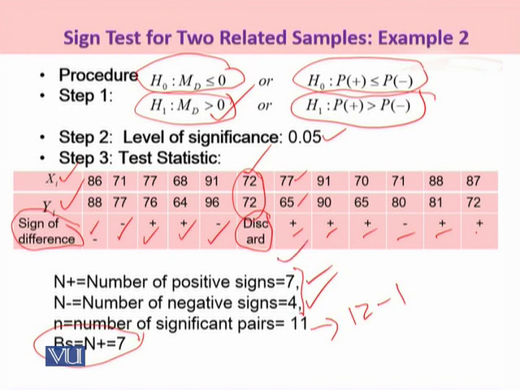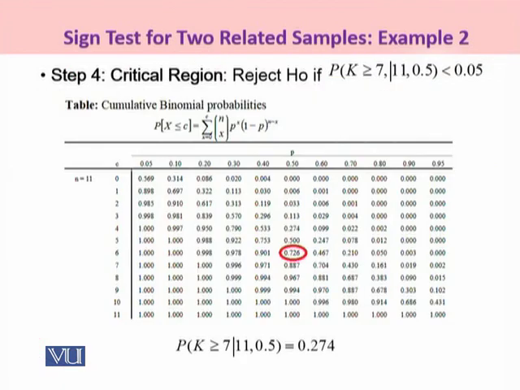So our B, the number of positive signs, will be 7, because our sample is in favor of our alternative hypothesis. On the basis of this, we construct our critical region.